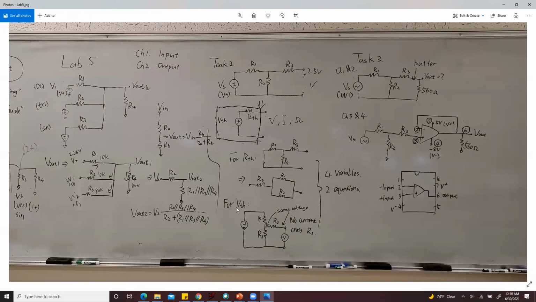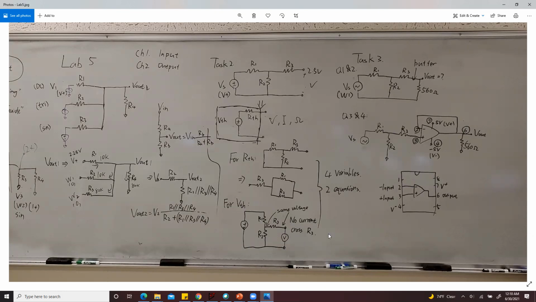Then I will worry about the VTH, the equivalent voltage. So I transfer this circuit to something like this. When we want the VTH to be 2.5 volt, what that means is when I put a voltmeter at my output, I should be able to read 2.5 volt on the voltmeter.